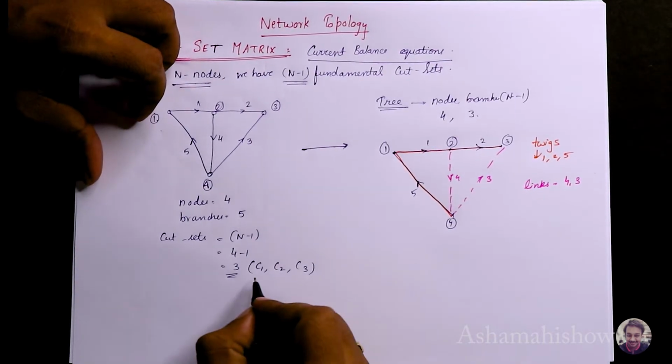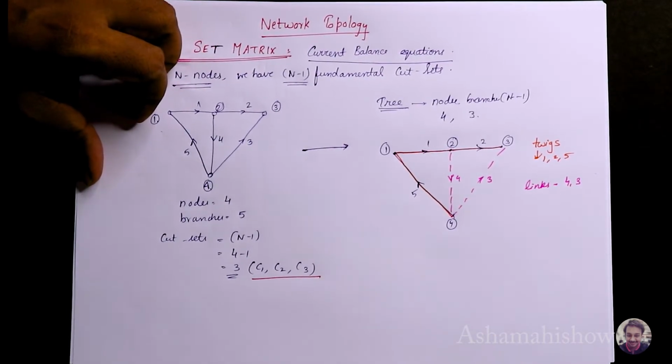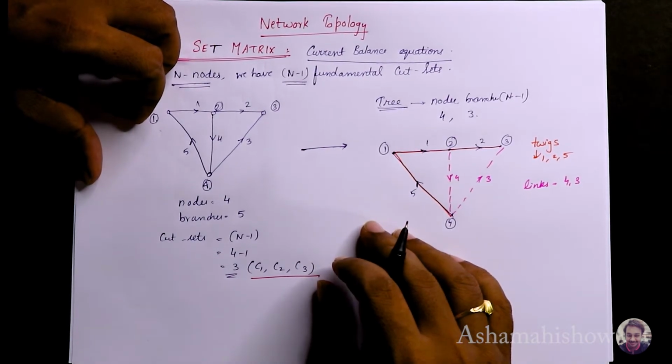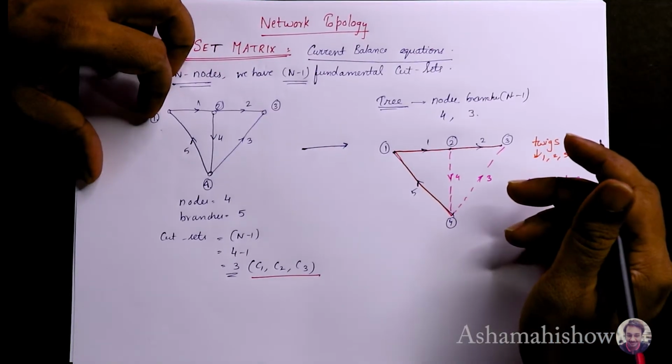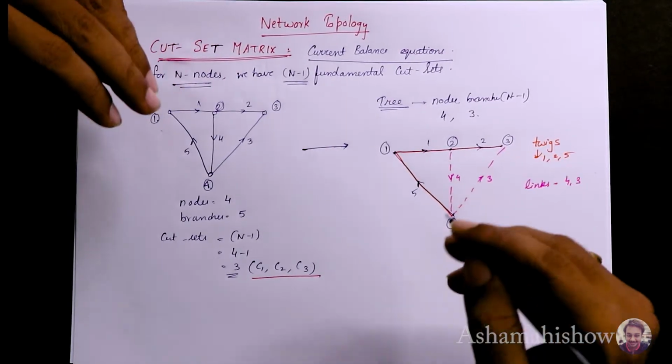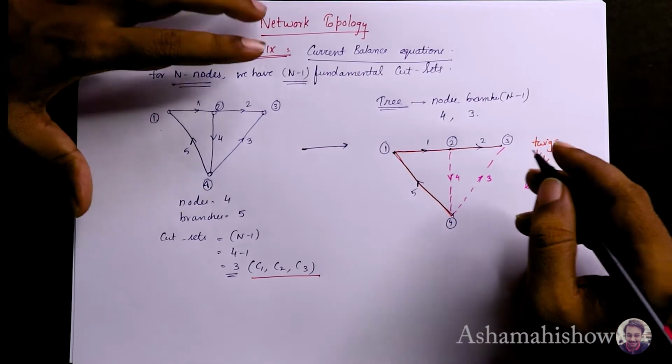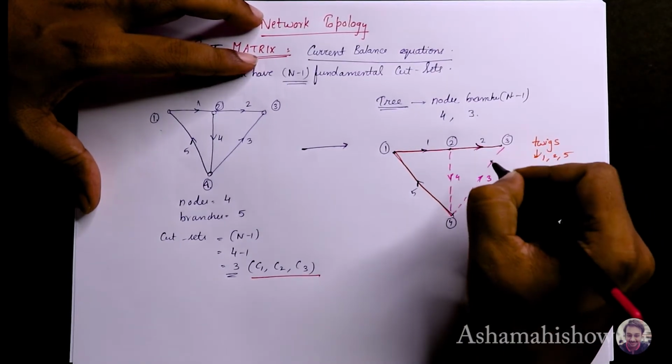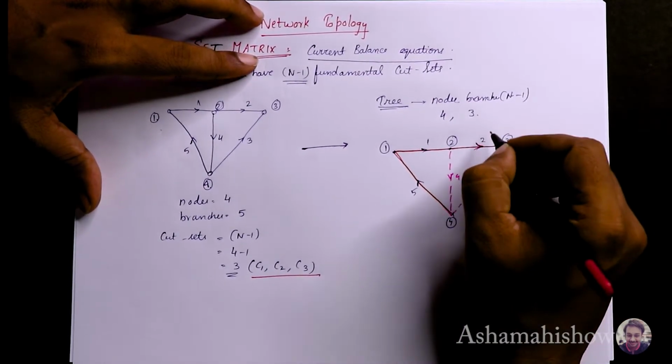Now how many cut sets should we have? We should have 3 cut sets, because it is given by the formula n minus 1, and we have 4 nodes, so 4 minus 1 is 3. For the first cut set, I'll make it along a node. The directions are going, see, 2 is going up and 3 is also going in the upward direction.